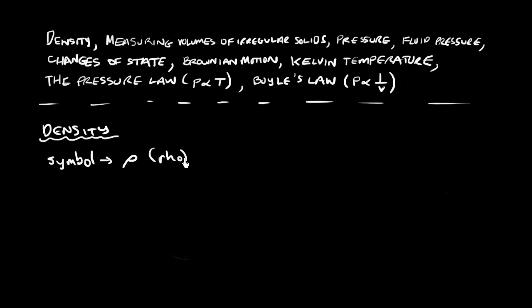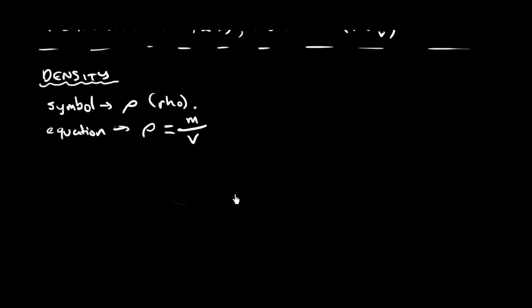That's the symbol for density, and the equation for density, you can remember it with the triangle. I'm just going to give you the normal equation which defines the idea of density first, and then I'll give you the triangle. So density is equal to mass per unit volume, and the triangle would then look like this.